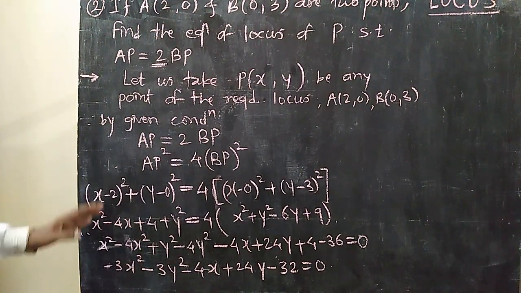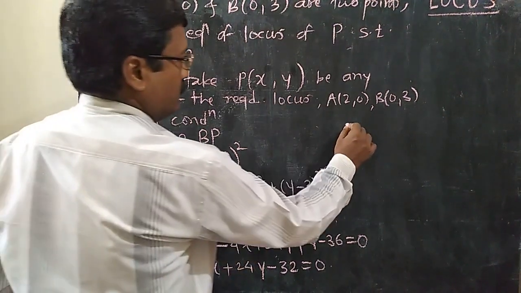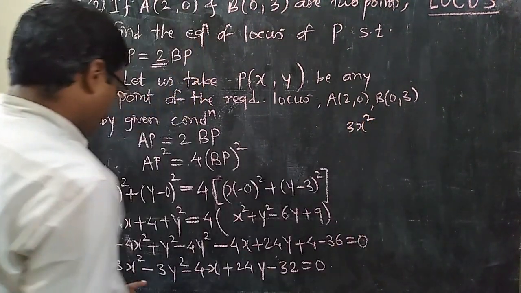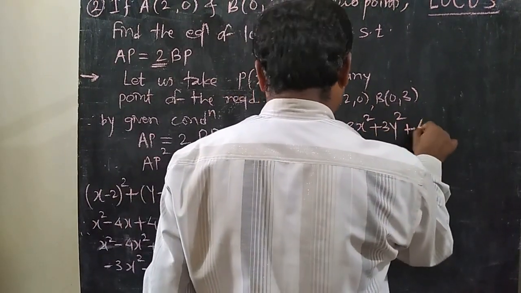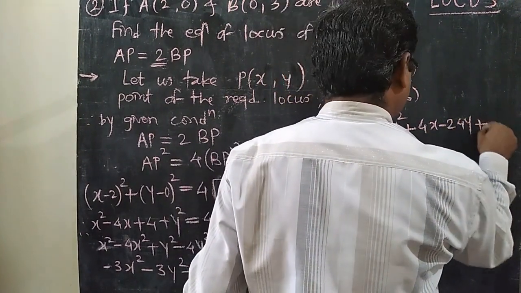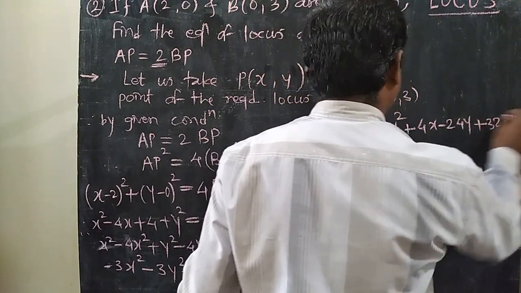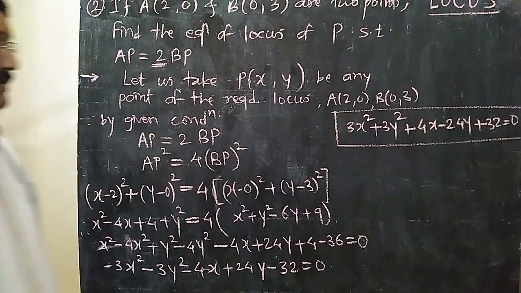So this condition is simplified. In the last step we change the signs of each term, so we get 3x square plus 3y square plus 4x minus 24y plus 32 equal to 0, and this is the required equation of locus.